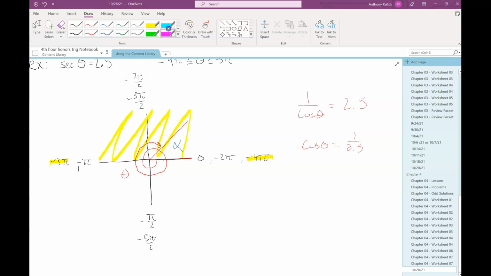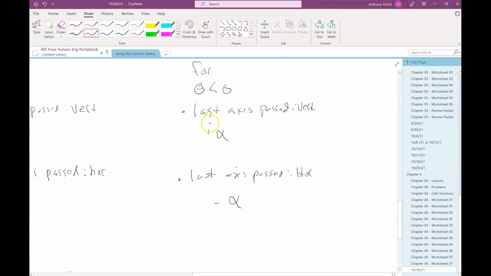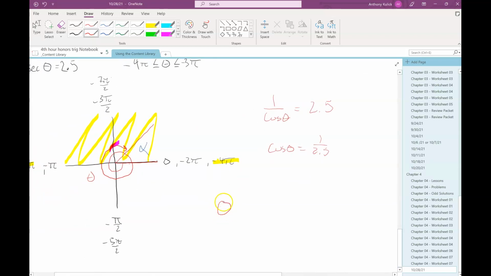And the last axis we passed was the vertical right here. According to my criteria, what is the equation we're going to write? It's going to be plus alpha. So theta equals negative 4 pi plus alpha.